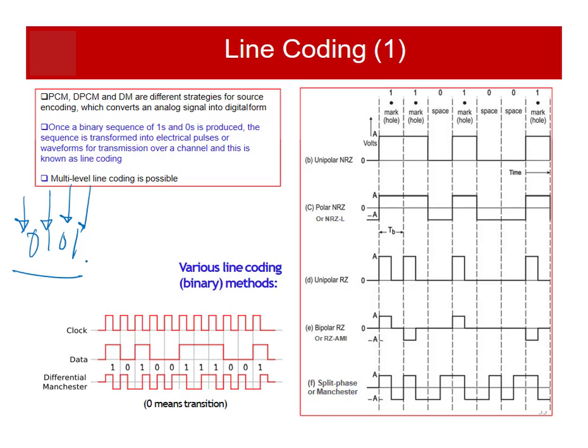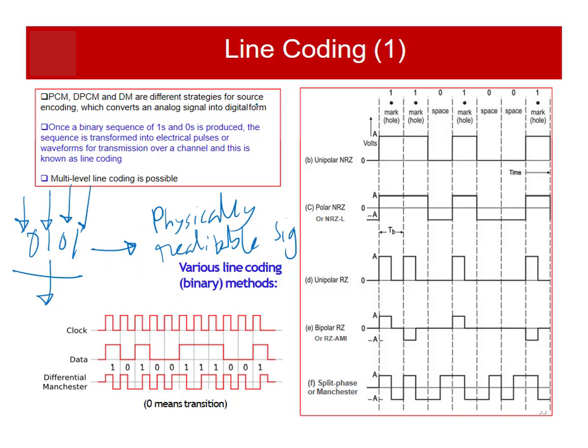You need some signal. So the first step of any digital modulation technique is converting this sequence into a physically realizable signal. This sequence is not enough. There are multiple ways to do that.